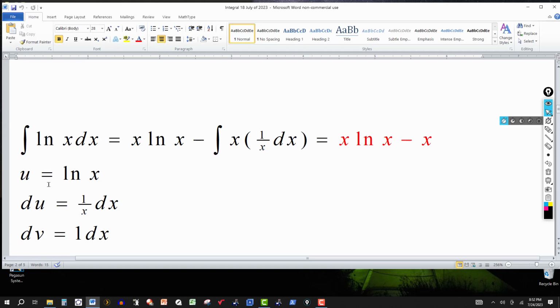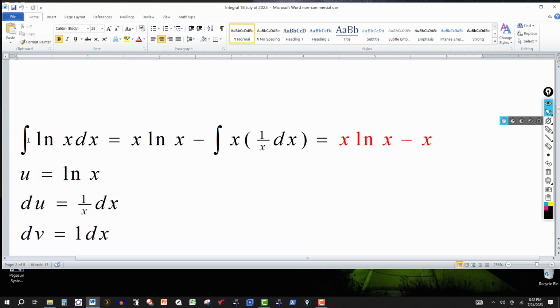I let u equal ln of x, so du is equal to 1 over x dx. For integration by parts, we need to give the u function, which in this case is ln of x, and then we need a dv function.